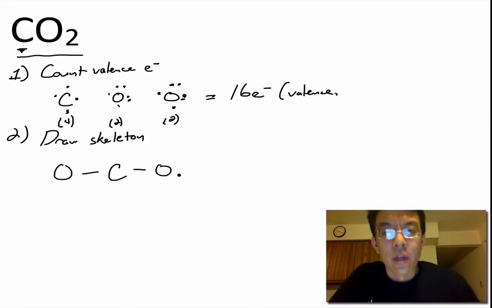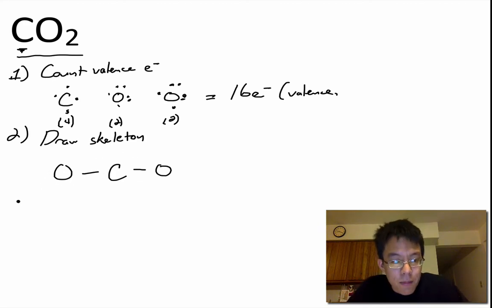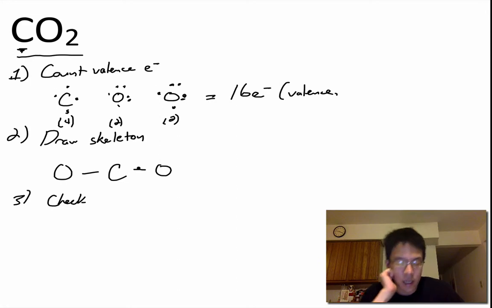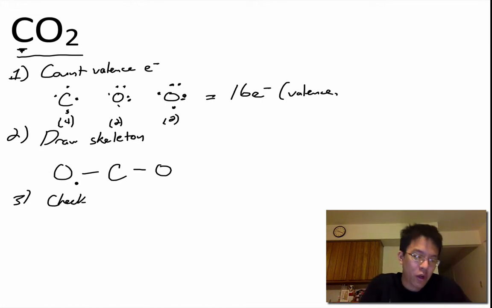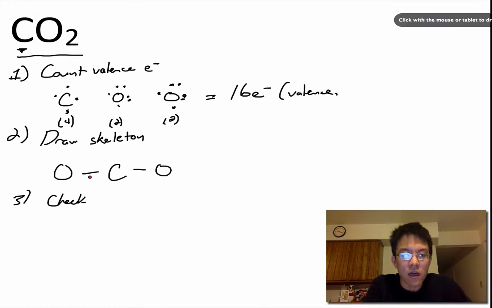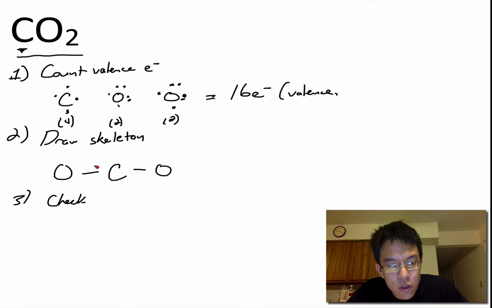All right, so now I want to check if everything's happy. So I'm going to do a quick check, and I see a few problems. First of all, are these elements happy? Well, the C has 2 electrons from this, 2 electrons from this that are being shared with it.